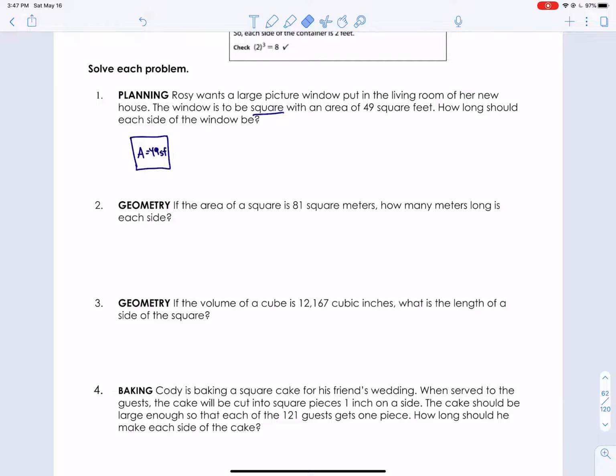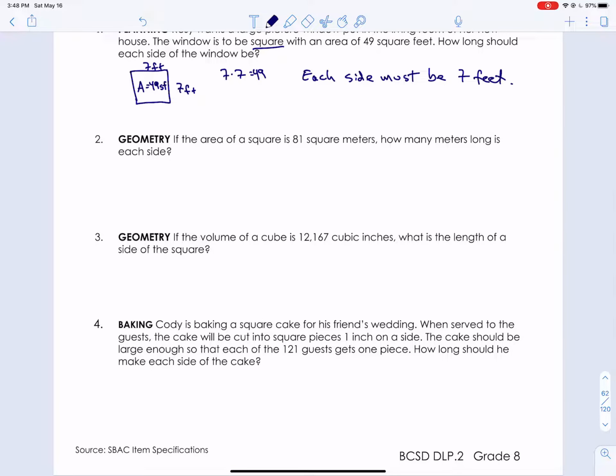If each side is 7 feet, 7 times 7 equals 49. So each side must be 7 feet. Okay, so that's it.